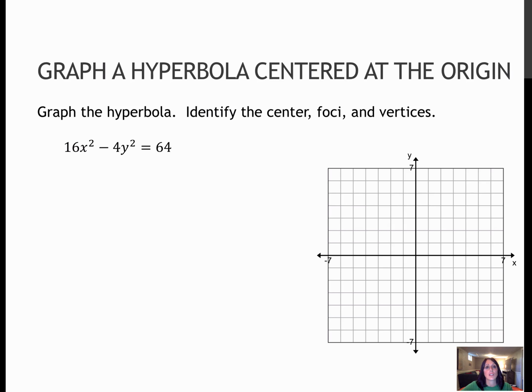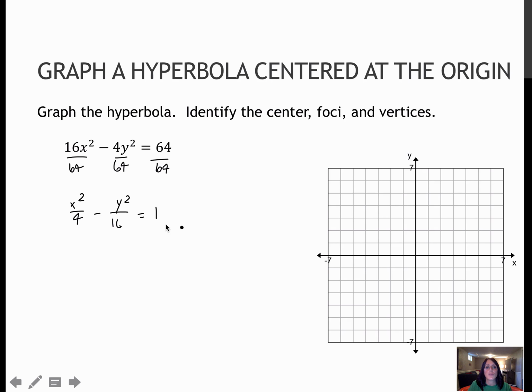This one doesn't quite look like a hyperbola, but again, just as we did before when we completed the square, if I take everything divided by 64, that's now going to give me x squared over 4 minus y squared over 16 equals 1. And now it does look like the equation of a hyperbola.